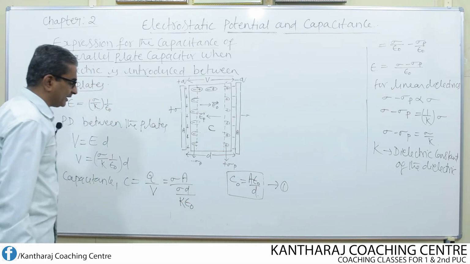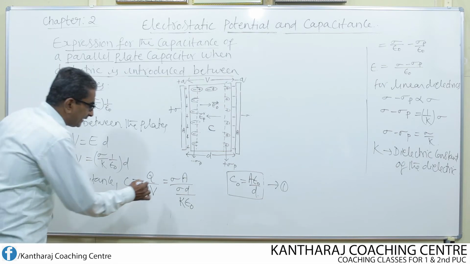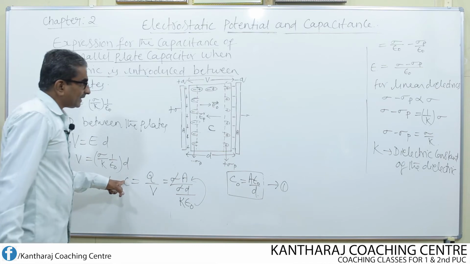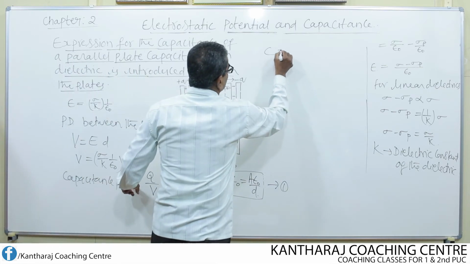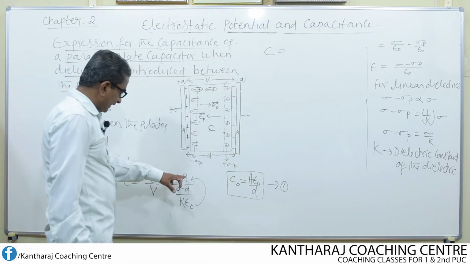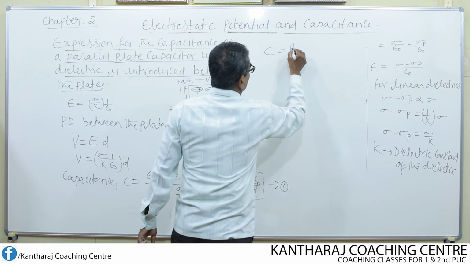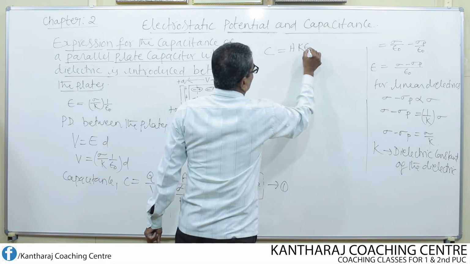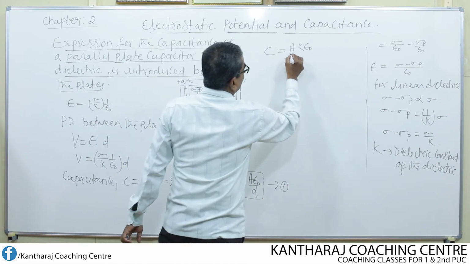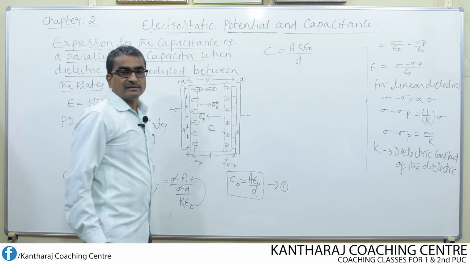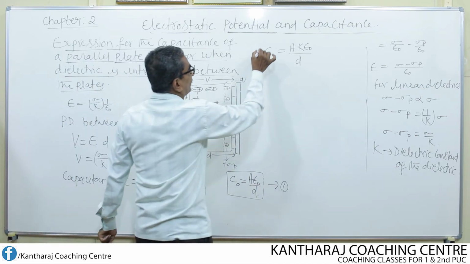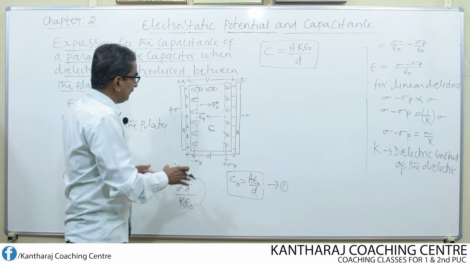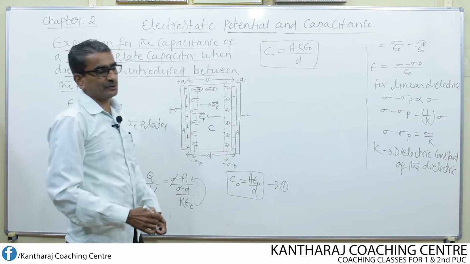Sigma and sigma get cancelled. K goes to the numerator. So C equal to A K epsilon naught divided by D.